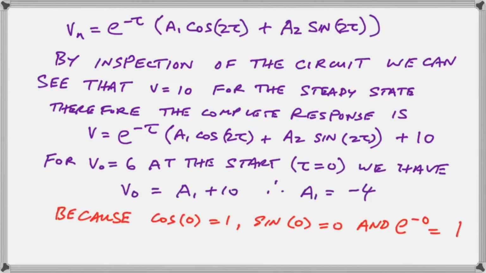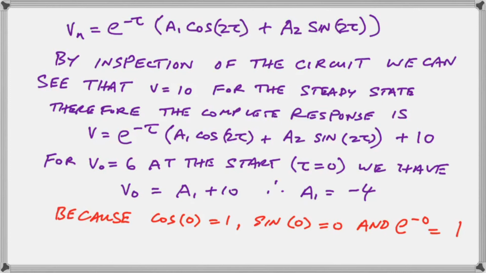Now, at the start, we have V as 6. So what's going to happen is that the capacitor is going to charge from 6 volts up to 10 volts starting at t equals 0.